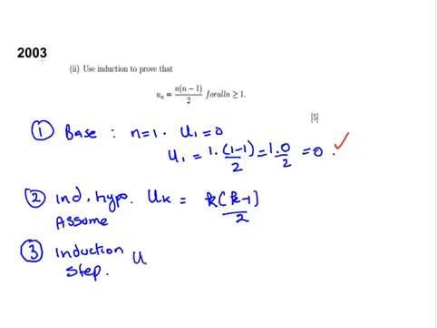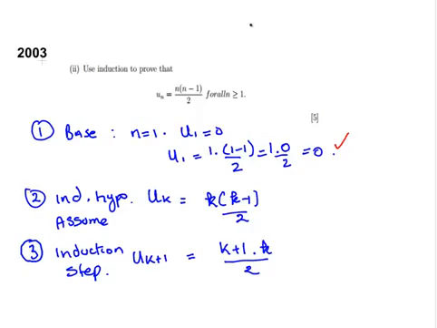Demonstrate that this holds for k plus 1. So u of k plus 1 is going to be equal to k plus 1 times k. Let's just show where we came up with that as a side note up here.